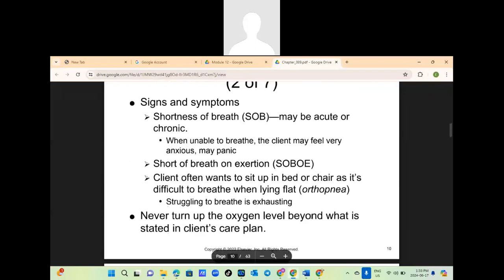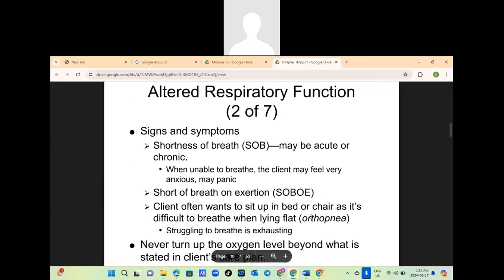So, what are the signs and symptoms of altered respiratory function? We have shortness of breath, SOB. Shortness of breath may be acute or chronic. When you say acute, it's a sudden onset. When you say chronic, it's persisting, it's on and off.